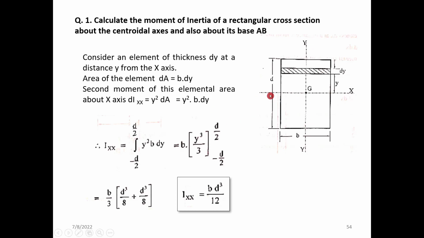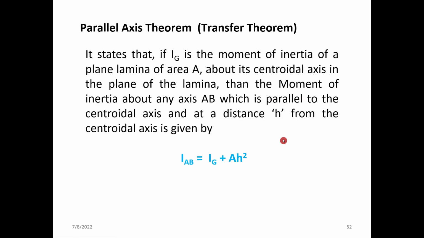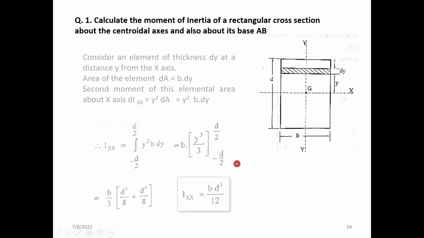To find the moment of inertia with respect to the baseline, or this line and this line, you need the parallel axis theorem. Hope you remember the parallel axis theorem, where I about the new axis AB is equal to Ig, which we found now, plus A into x square, which we are going to use now.